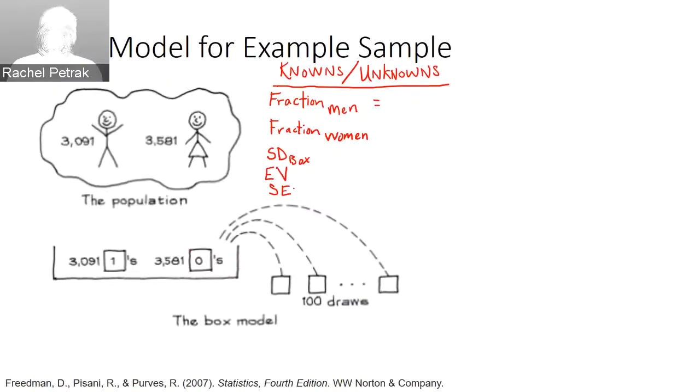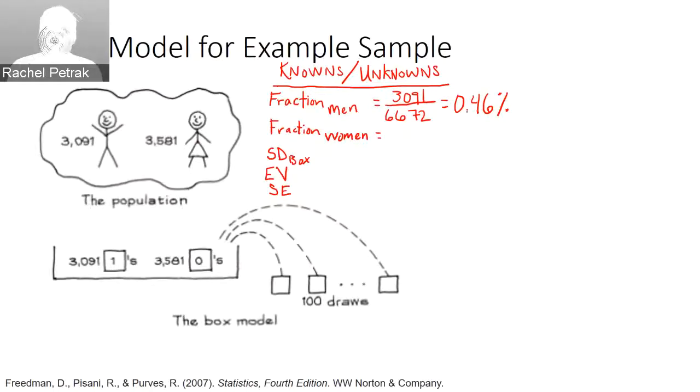Now, we're just working through this as an example. We'll look at a problem in a moment and do a similar process. So first we have the fraction of men. The fraction of men is going to be equal to the number of men in the sample divided by the total sample size. And this is equal to 0.46, as we know.